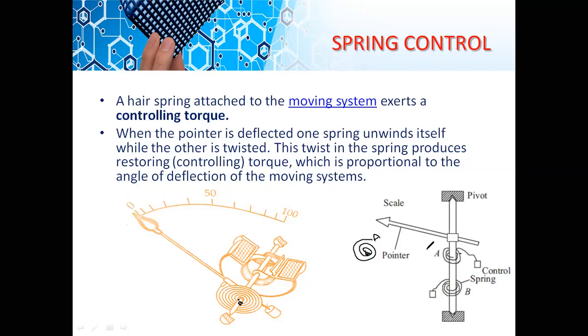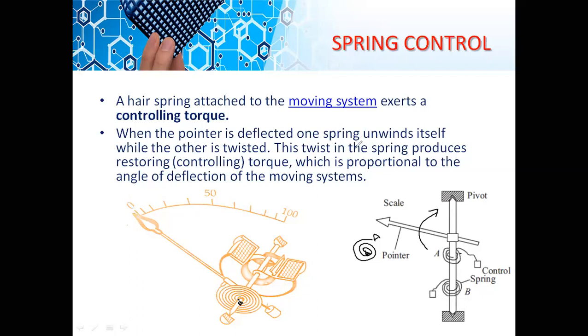Say our deflection is clockwise, then if spring A is getting unwound, then spring B is getting twisted. That means here we have more tension in the spring, and here we have less tension in the spring. This is getting unwound and this is getting twisted.